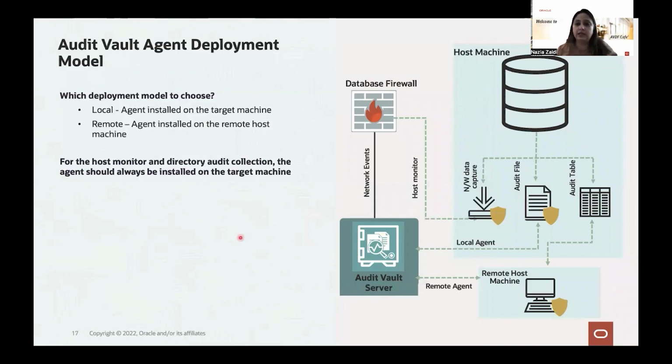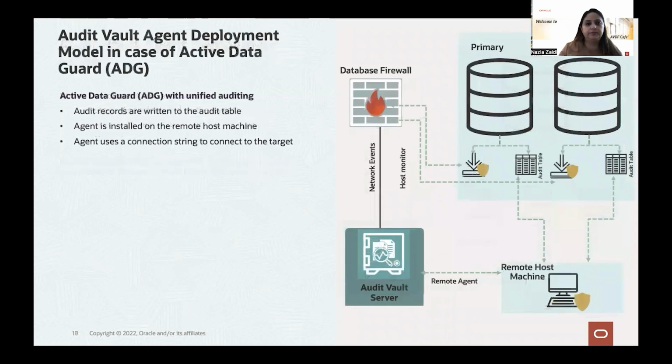But in case of host monitor, which is your network data capture, and directory audit collection, which is your audit files, you need to have an agent locally installed on the target machine. Okay.